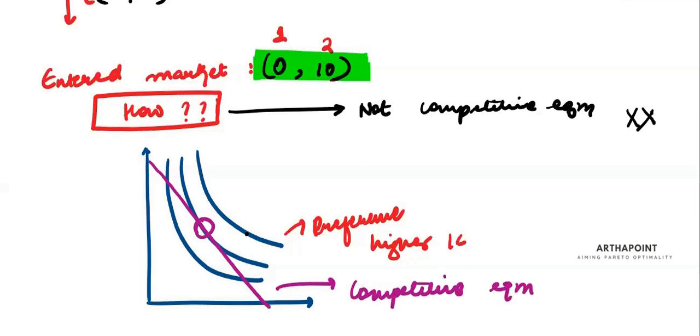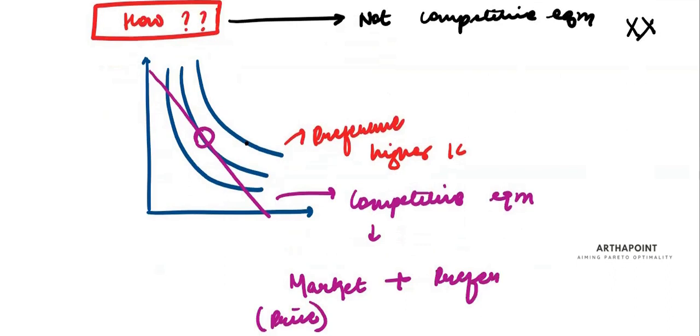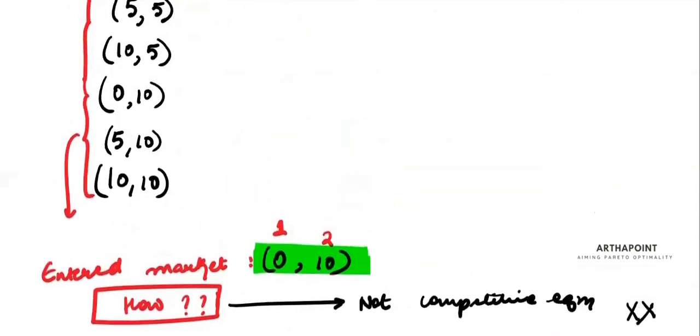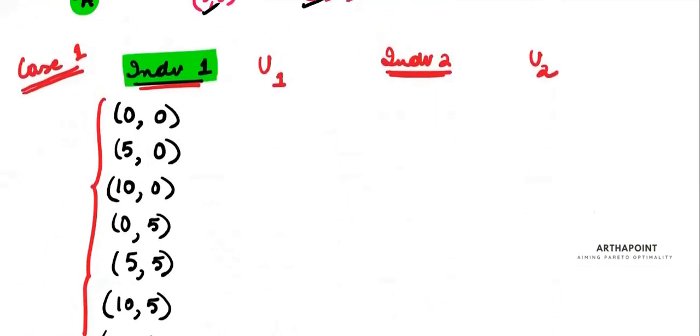When you go ahead and you join the market, market means price of the commodities with preferences. But you are not talking about this at all. I am not bringing this concept at all into picture. What am I saying? I am saying, okay, to begin with, I just want my efficient points.